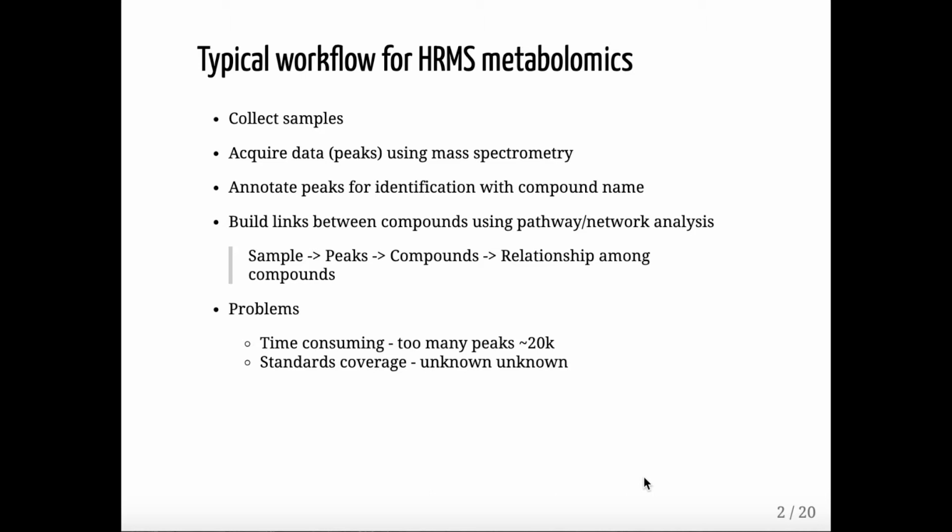And then we build the links between the compounds using pathway or network analysis. So in summary, the whole process is samples to peaks, peaks to compounds, and compounds to the relationship among compounds. In most cases, the final purpose is to find the relationship among the compounds.